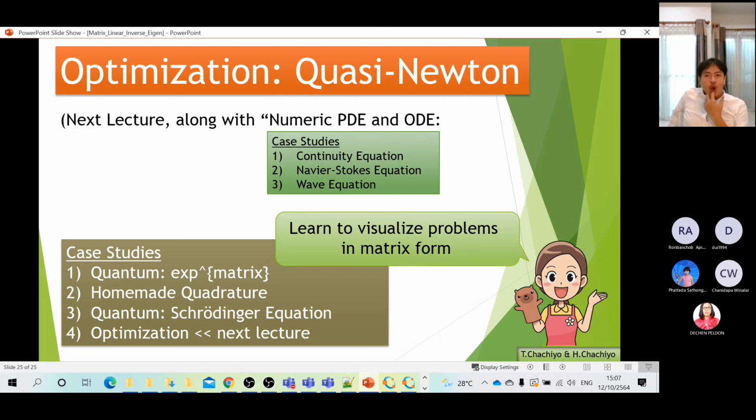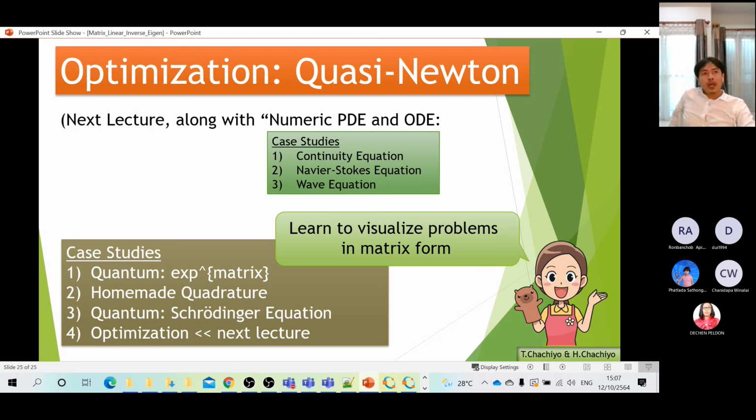And I hope that by the time you get to the end of this lecture, you have a better feeling of how you should transform your calculus equation into matrix form. And what other technique that you can use, color techniques to make you see the pattern better, just like what I do in the lecture.